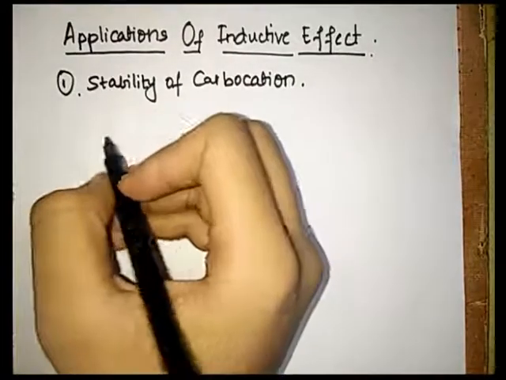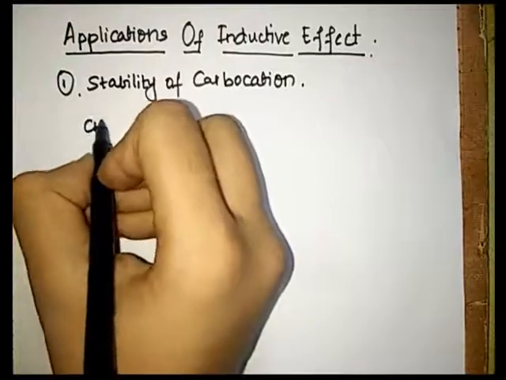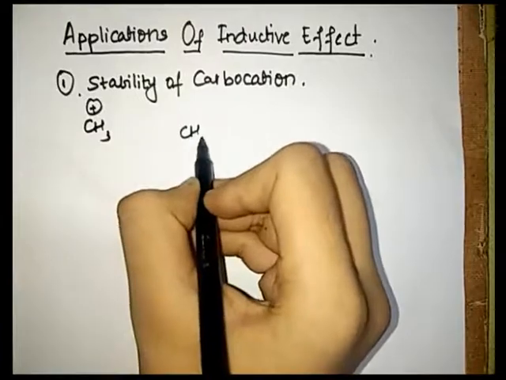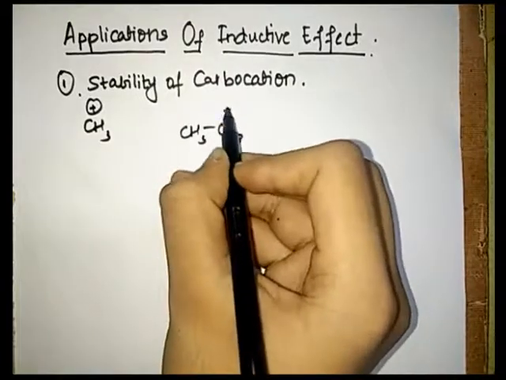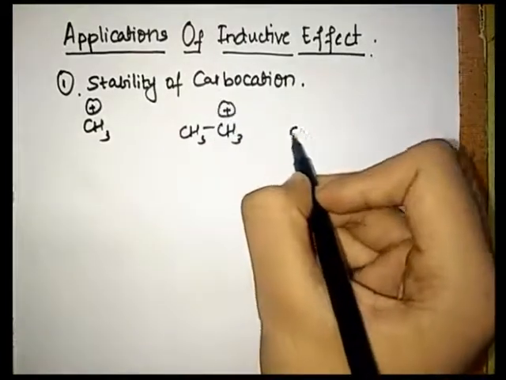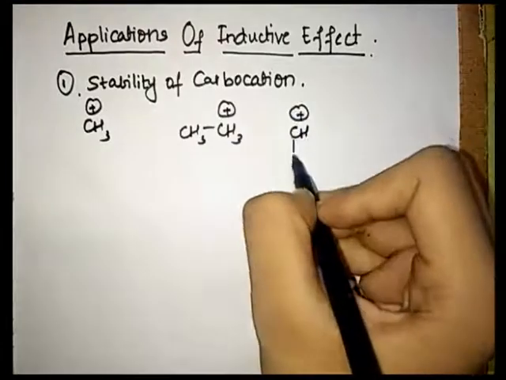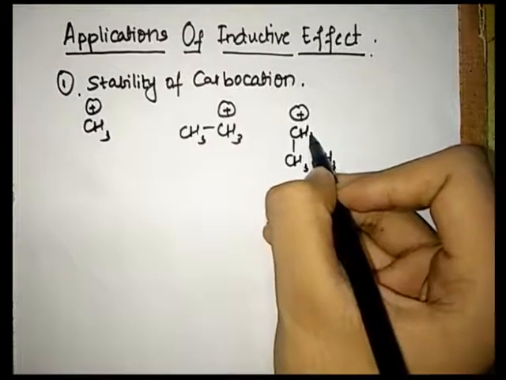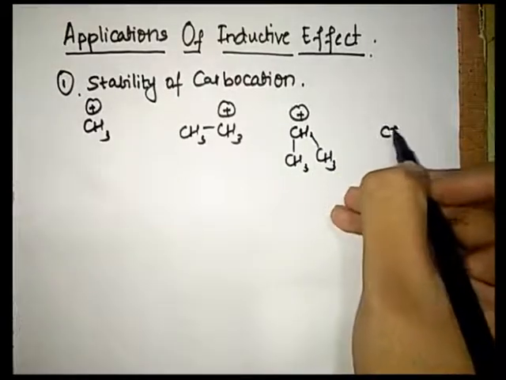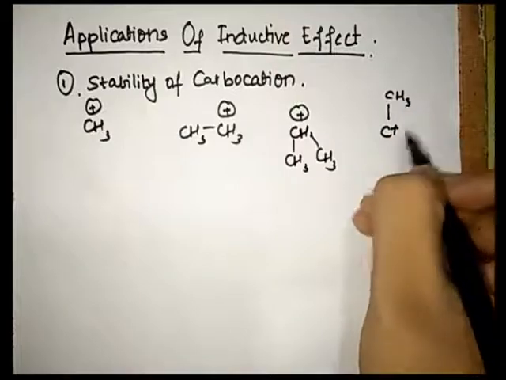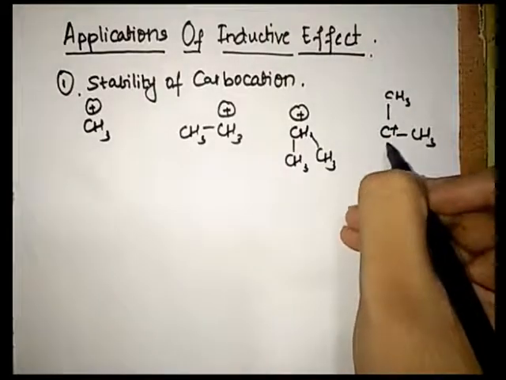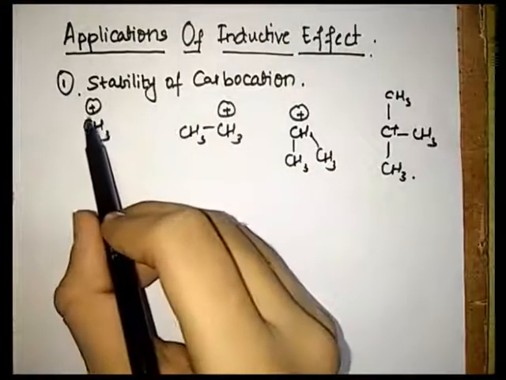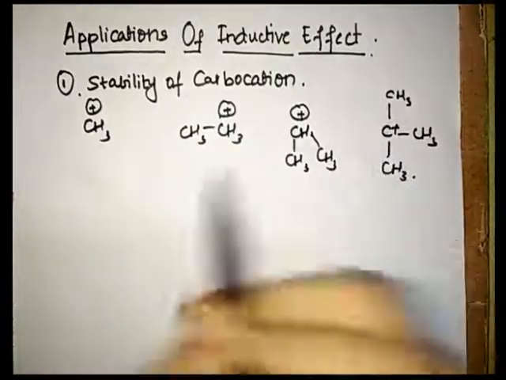See, if we take as examples CH3 plus, CH3 CH plus CH3, and one more, C plus with CH3, CH3, CH3. Now this is the carbocation in each case.